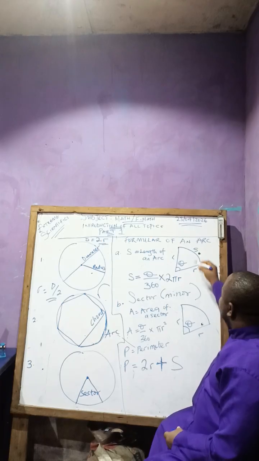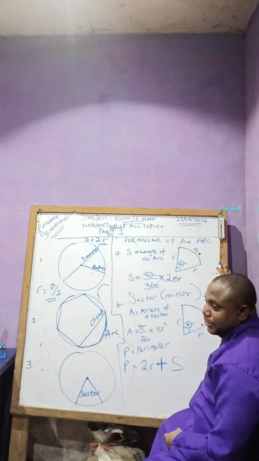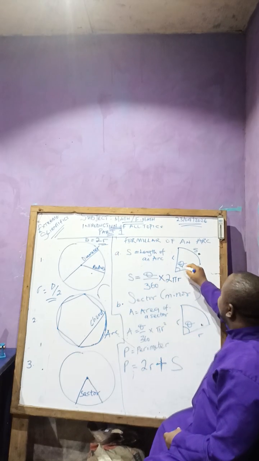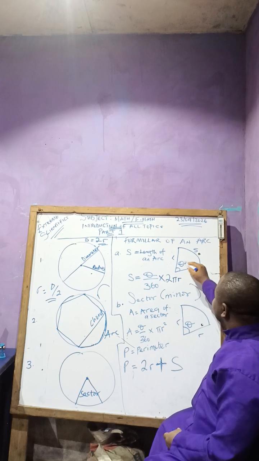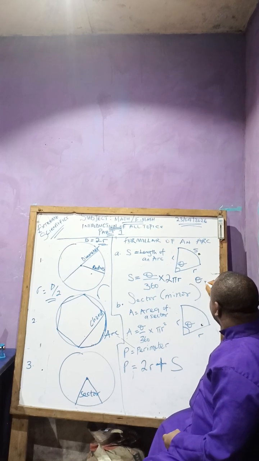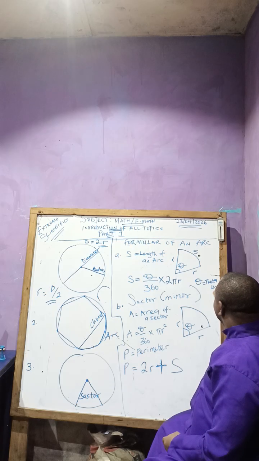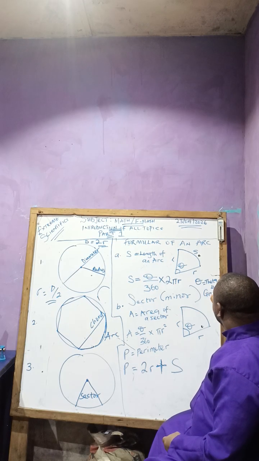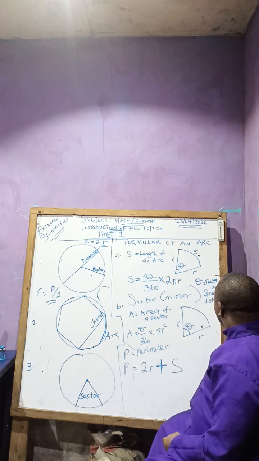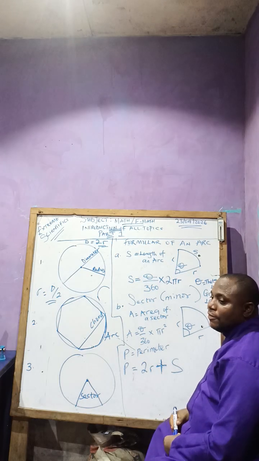Now it has two radii, and what angle does it have? Angle theta. We call it theta. It's a Greek letter for TH.